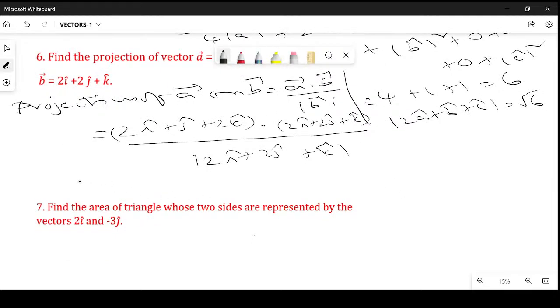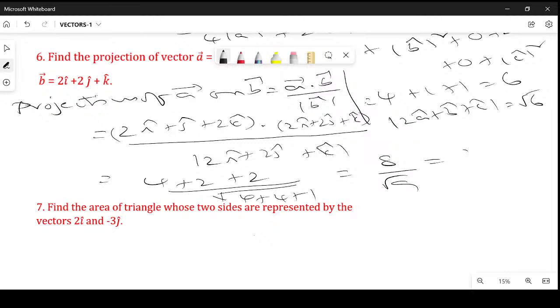If you use the dot product, it will come 4 minus 2 plus 2 into 1, 4, by root of magnitude 4 plus 4 plus 1, so it comes 8 by root 9, it will be 8 by 3.